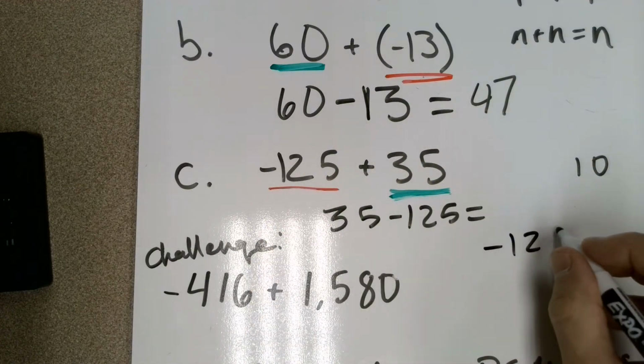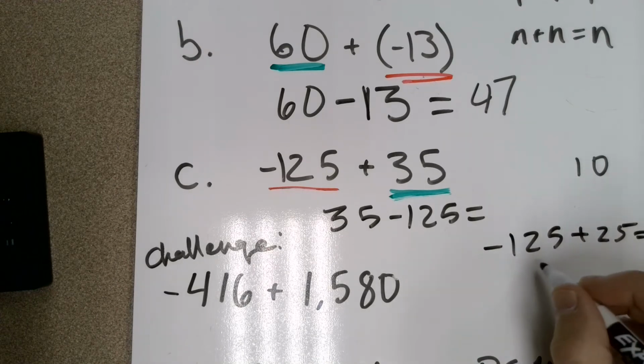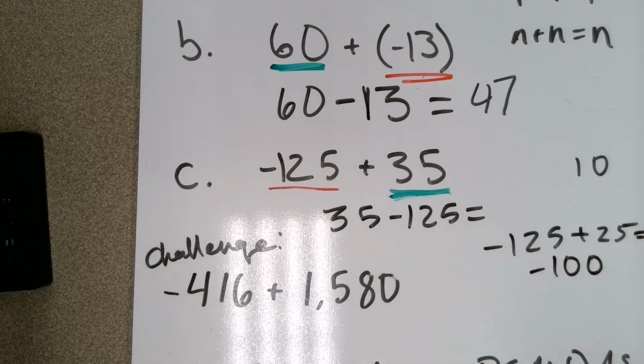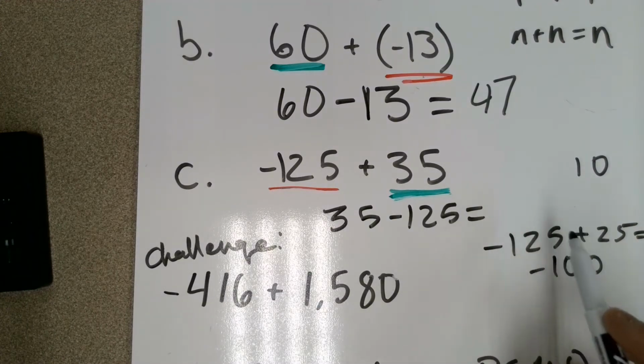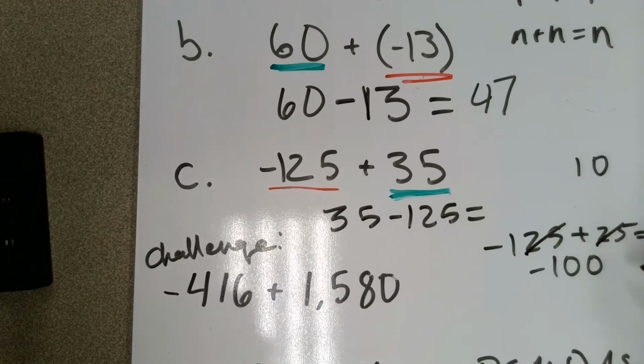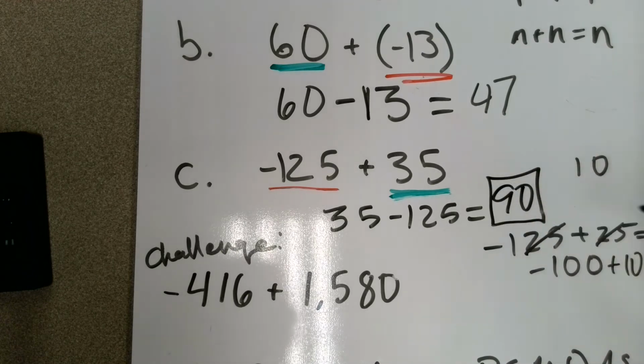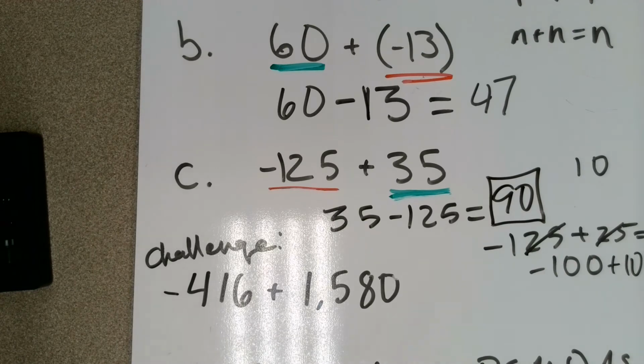I know negative 125, if I add 25 to that, will bring us to negative 100. I used the 25 as an inverse, canceled out those 25s, got me to a negative 100, and that leaves 10 over here. I'm going to have to add that last 10. Negative 100 plus 10 equals negative 90. Again, use whatever method works best for you. I'm not going to make you stick to one.